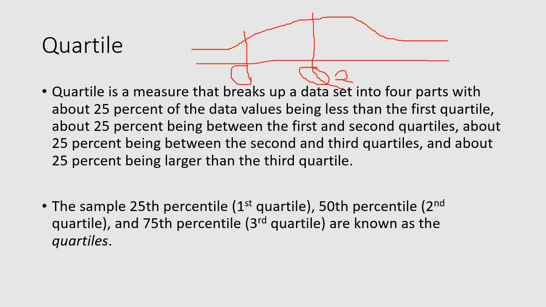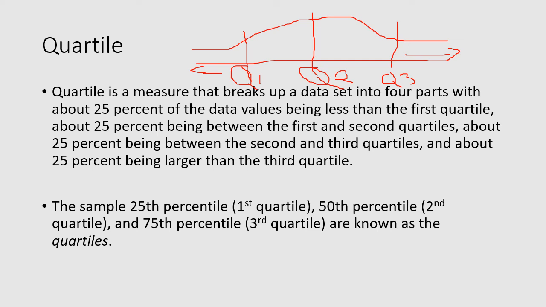So anything that goes below this line falls below the first quartile. Anything that goes below the second line falls below the second quartile. And this is the third quartile. Anything that goes below the third line falls below the third quartile, and anything after the third line goes above the third quartile.